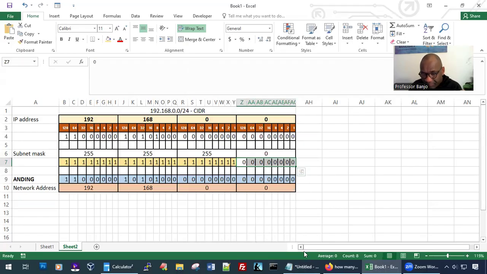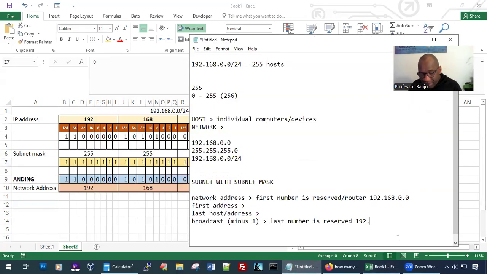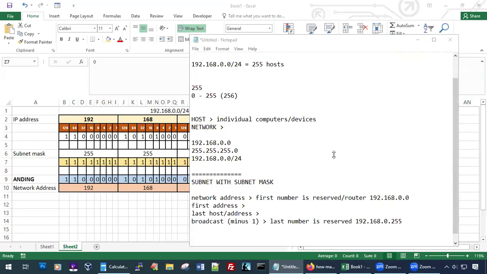So right here, we're going to do 192.168.0. Now, technically, it should be 256, but we're going to minus 1 from the end over there, which brings us to 255.